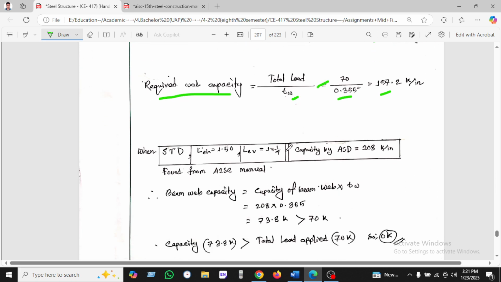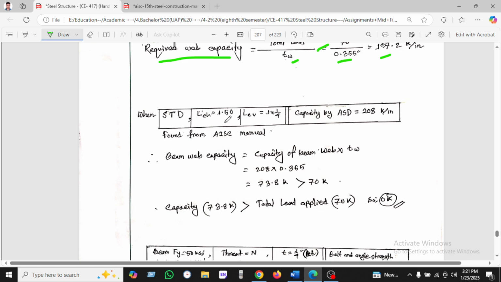Now we'll go to the same ASD from the AISC manual. If we consider ASD and LCS 1.57 and LCB 1 into 1 by 4, then the capacity in ASD we have found is 208.